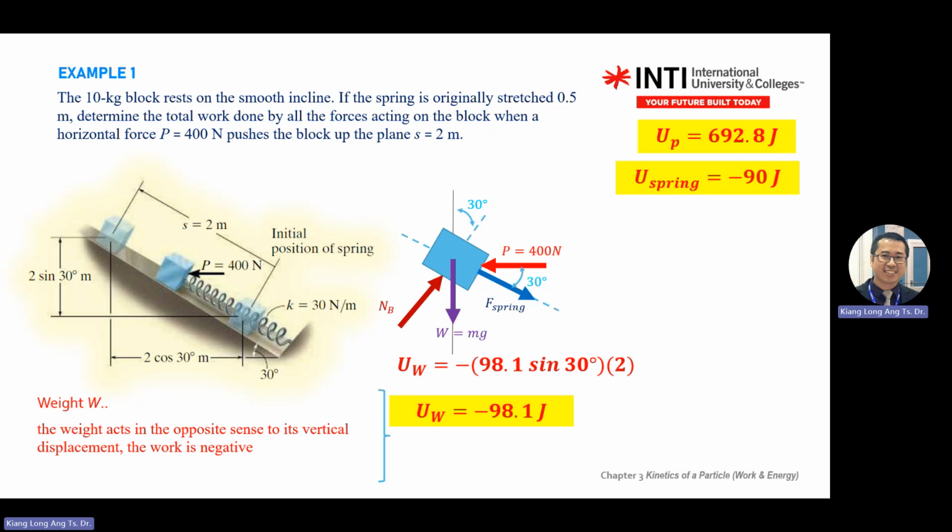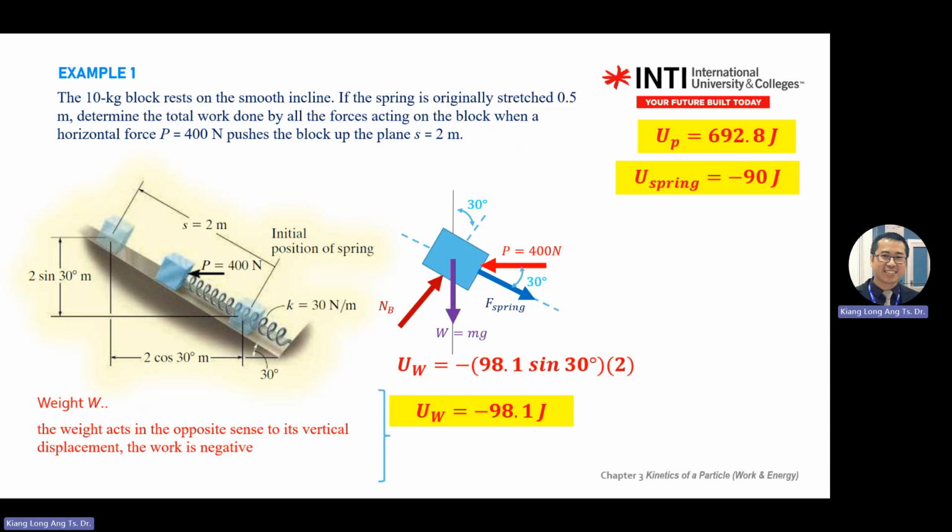So if you compare the statement of the question, you see the spring is this line, the spring is original stretch. This one might be confusing to some of you. For the spring, you need to calculate from before you stretch it. This is before you start.